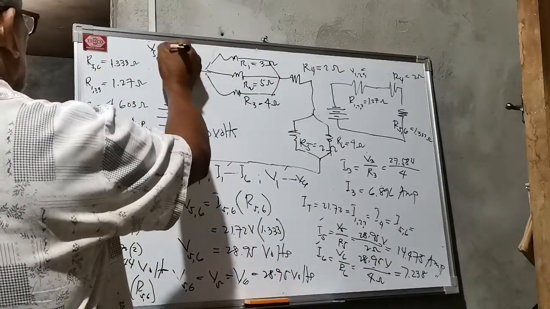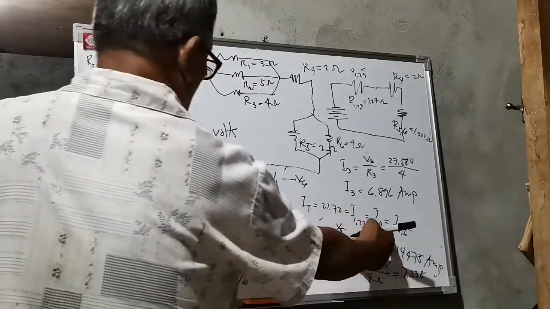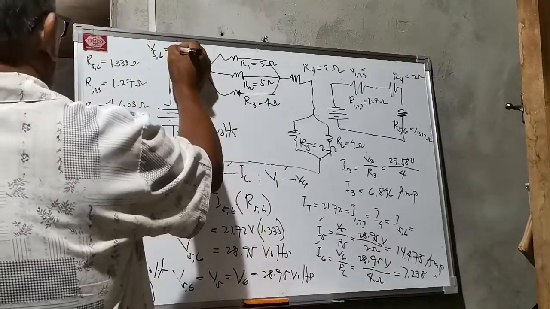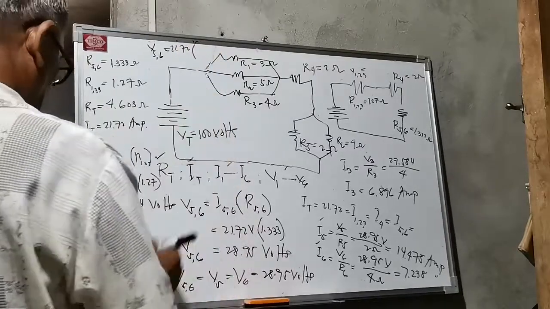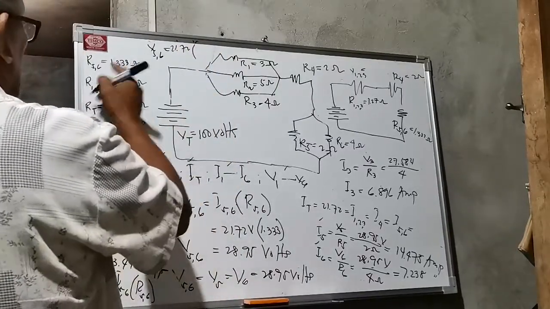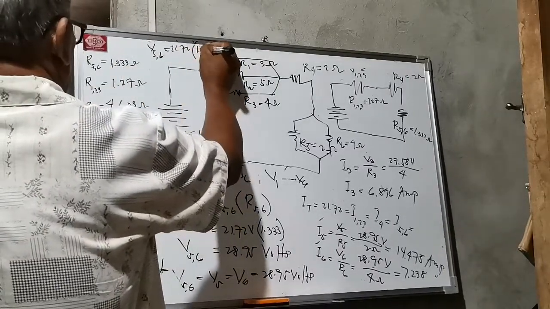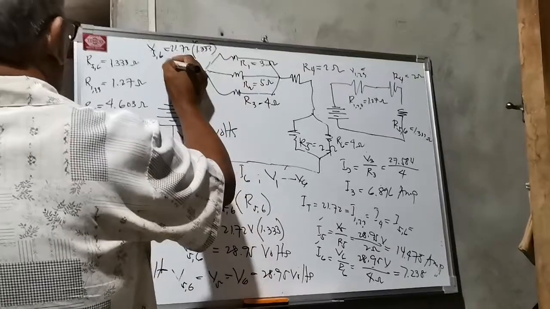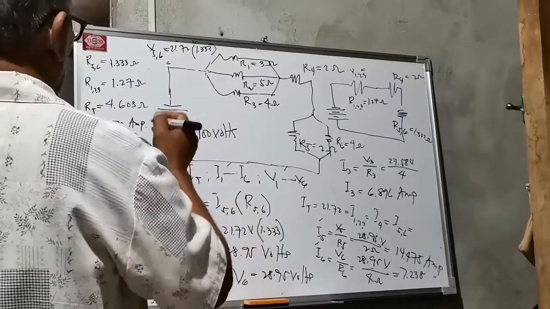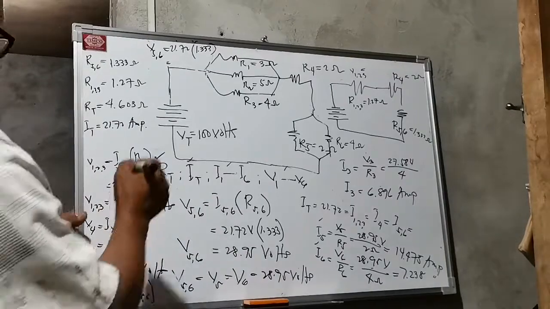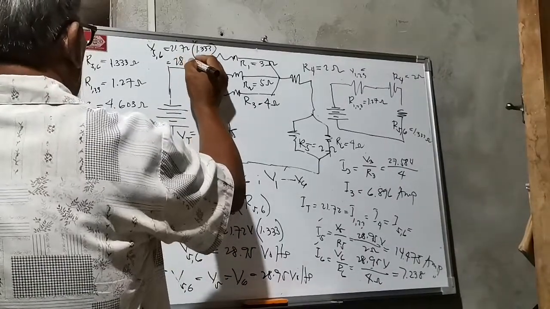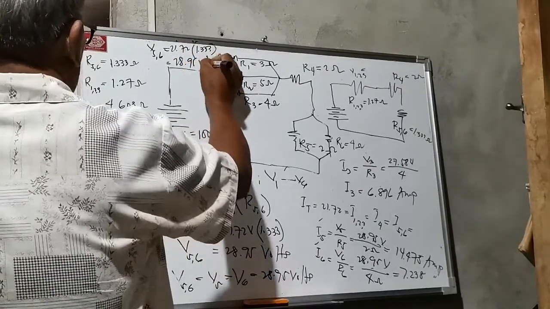V5 and 6 will give us the value of I5 6, which is 21.72, times the R5 6, which is 1.333 ohms, giving 28.95 volts.